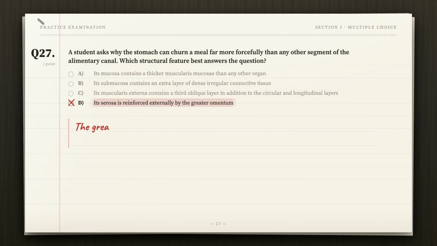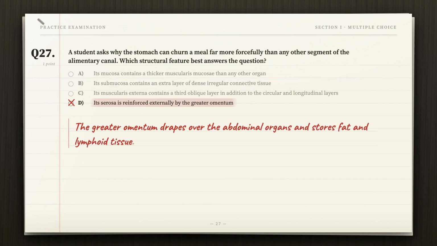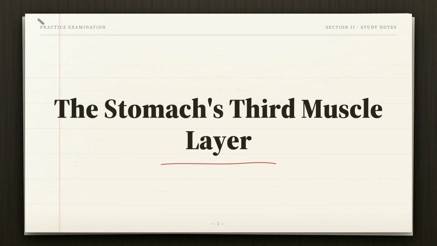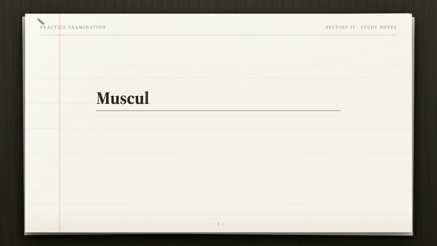D is wrong because the greater omentum drapes over the abdominal organs and stores fat and lymphoid tissue. It provides no contractile force to the stomach wall. 2 muscle layers can only narrow and shorten a tube. Neither of those actions can grind anything, and that single limitation explains why the stomach has a muscle layer found nowhere else in the digestive tract.